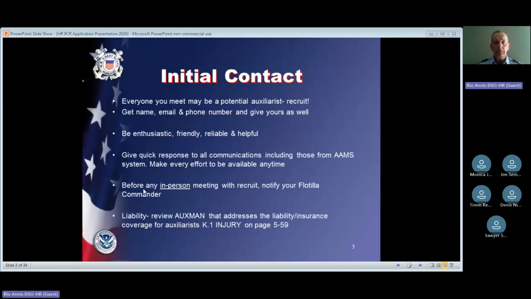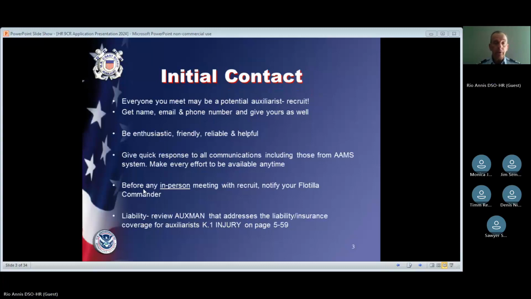I put this next line in here: before any in-person meeting with the recruit, notify your flotilla commander. That goes along the same lines if you're heading out to do program visitor missions, or heading out to the lake to do vessel exams. You're conducting auxiliary business, and you need to cover yourself, so you notify your flotilla commander that you're heading out to do this job.